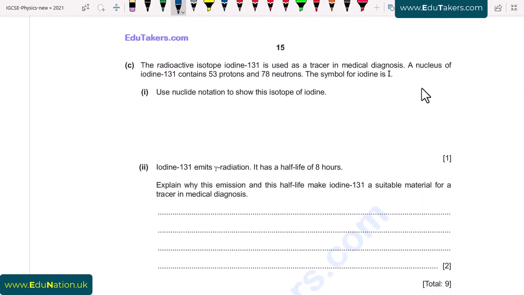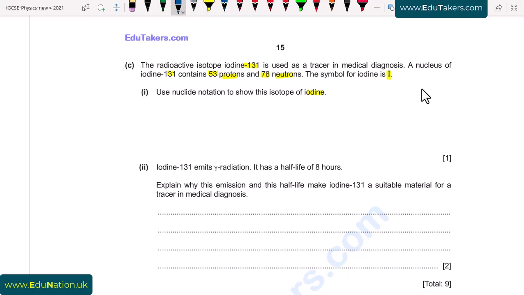Next part C. Our radioactive isotope iodine-131 is used as a tracer in medical diagnosis. A nucleus of iodine-131 contains 53 protons and 78 neutrons. The symbol for iodine is I. Part 1. Use nuclide notation to show this isotope of iodine.